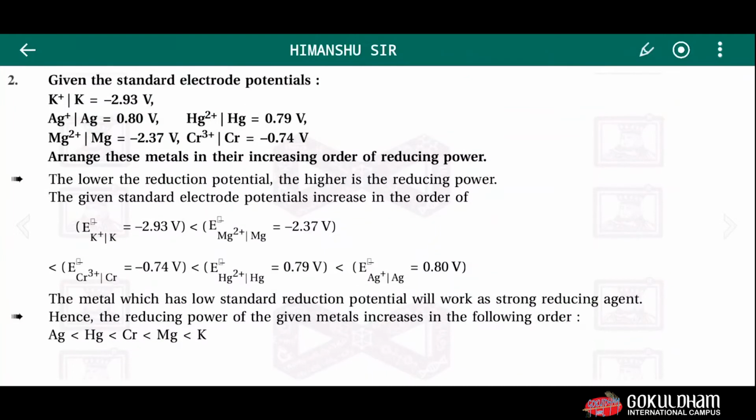Reducing power means the metal itself undergoes the oxidation process, and for oxidation you have been given 5 values, so you have to find the lowest value among the 5 elements. The lowest value is potassium, minus 2.93 volts, which is much lower than any of the other 4 metals.